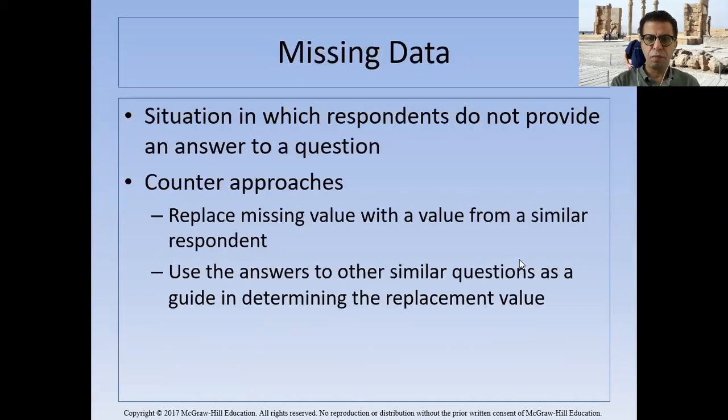And so once you find missing data, there are two approaches for it. First is to replace the missing value with a value from a similar response. So when you see two respondents are very similar, and on question 5 one is missing, you just put the same value that's in the previous sheet.